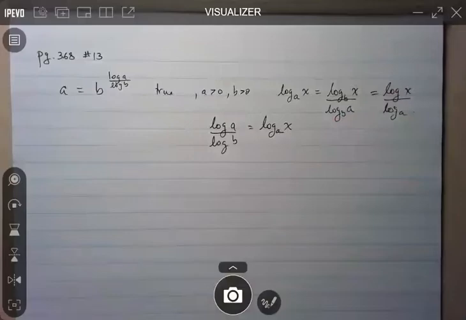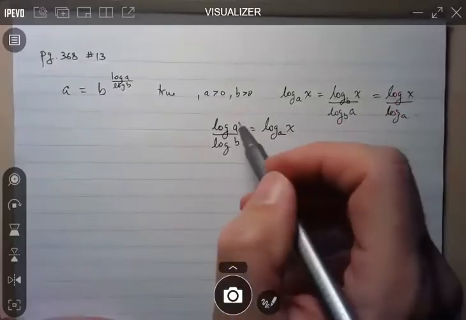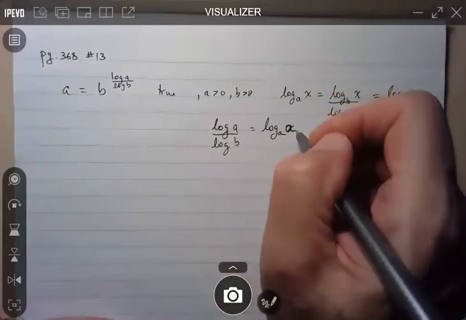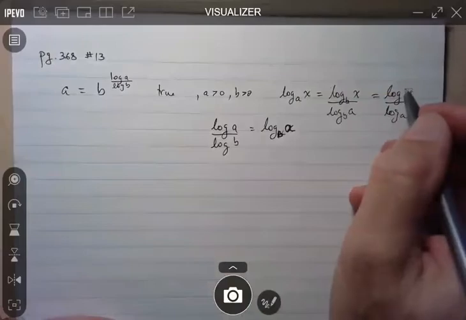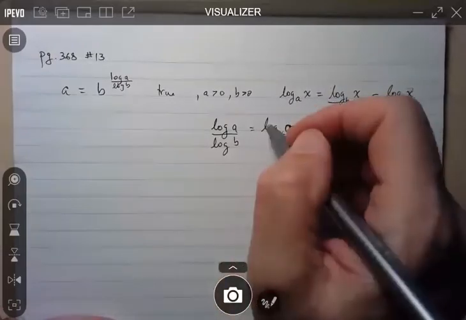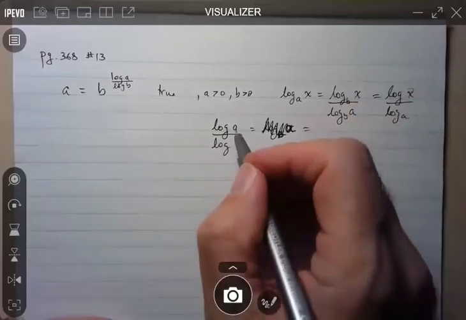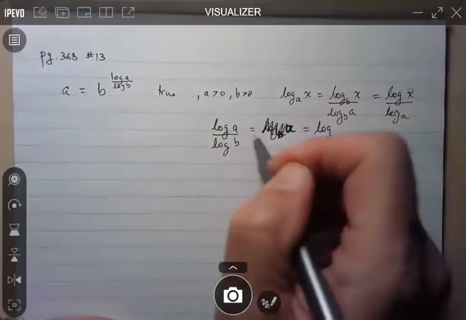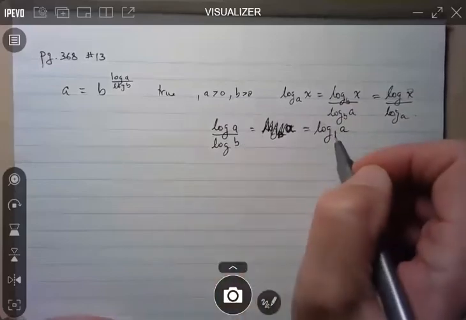Oh, sorry, not x here. Sorry about that. The original input here is A, and the original base is B. I was looking at these values instead of these here. Let me rewrite this a little nicer. Okay, so this represents the original input, and this represents the original base.